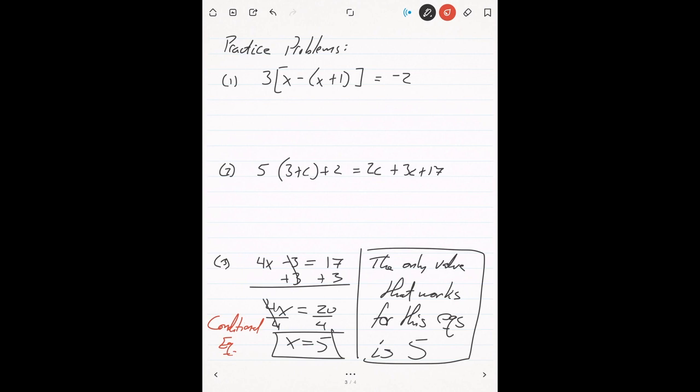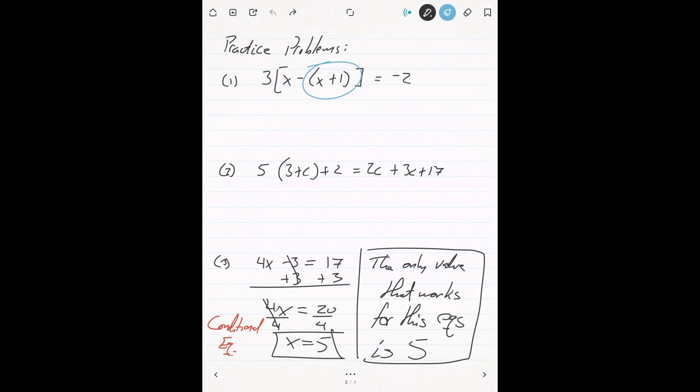Let's take a look at problem number 1. Why don't I solve this in a different color? Why don't I pick blue here? Okay, when you're solving an equation, or when you're simplifying a side to an equation, notice that we have a couple sets of parentheses here. We have a set of parentheses, and then we have a set of brackets, and we have a number on the outside.